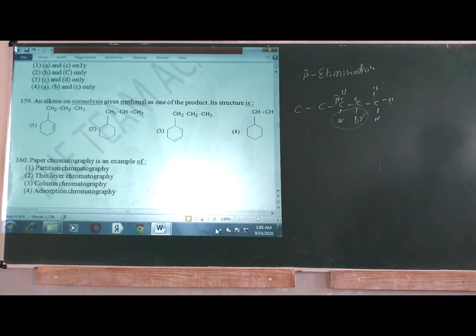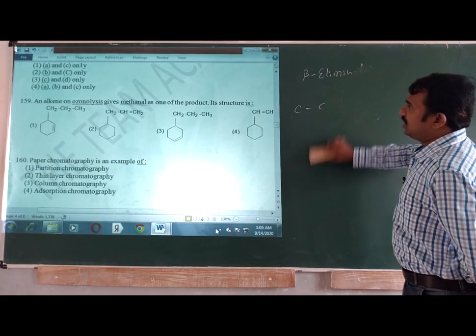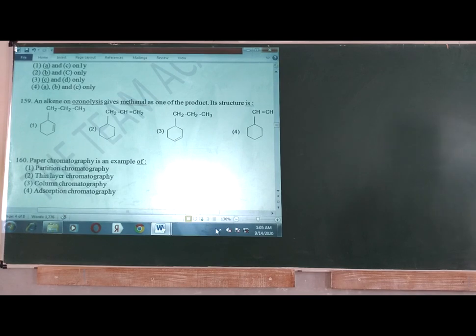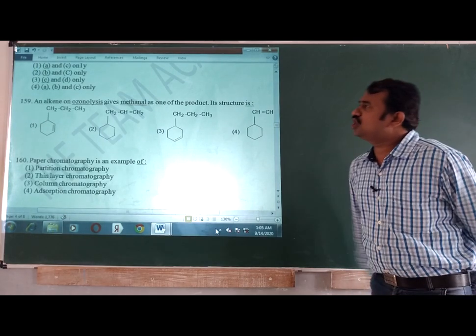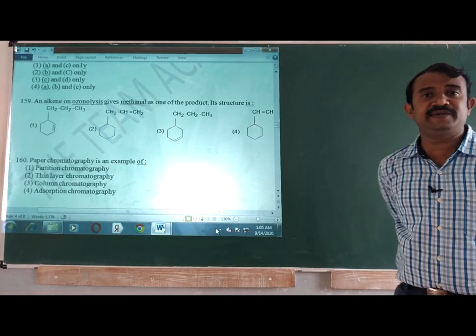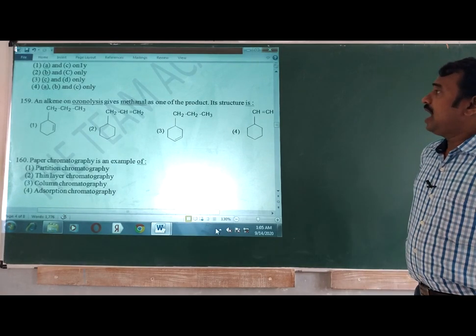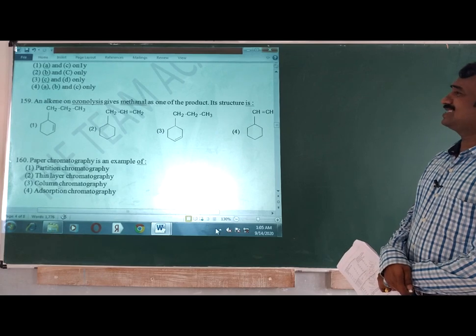Alkenes react with ozone to form ozonides. The question is, alkenes on ozonolysis give methanal. Methanal means an aldehyde, formaldehyde, as one of the products.